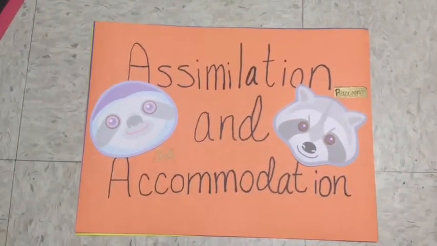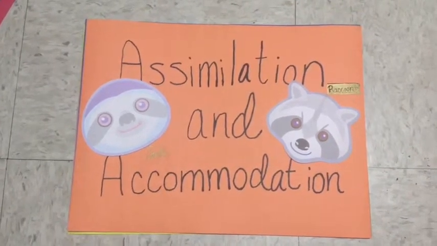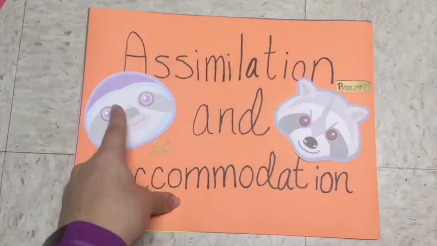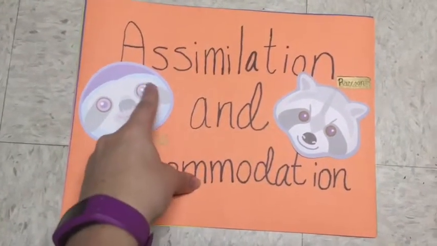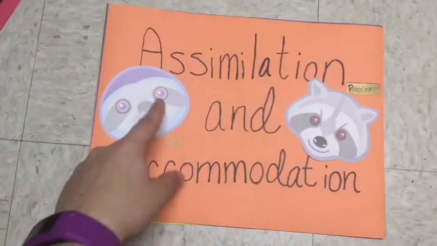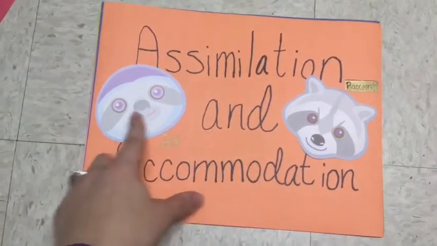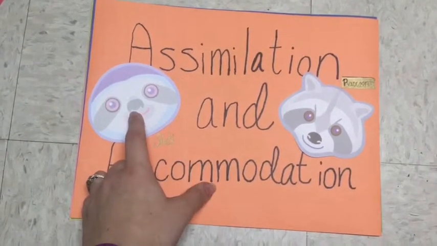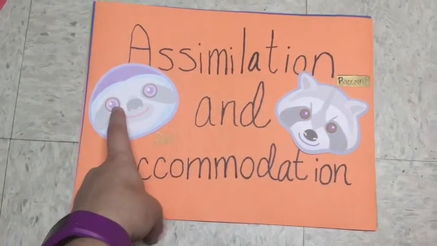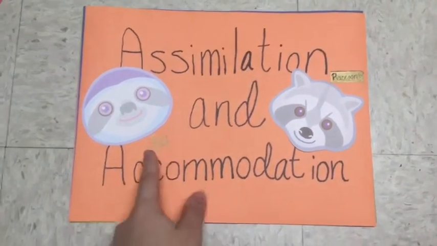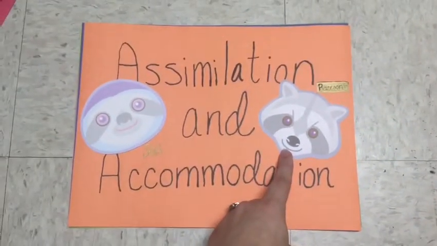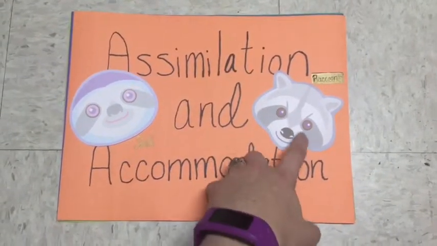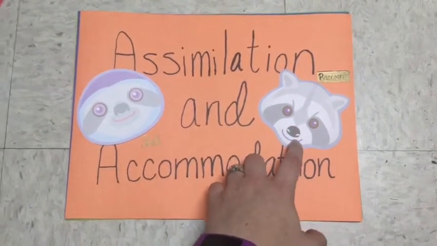If a child was looking at both of these pictures and knew that the sloth had dark circles or dark rounded shapes around its eyes and had a rounded nose and purple eyes in this case, in these pictures, then they could look at the raccoon picture and see that they have a very similar shape around the eyes and the nose.